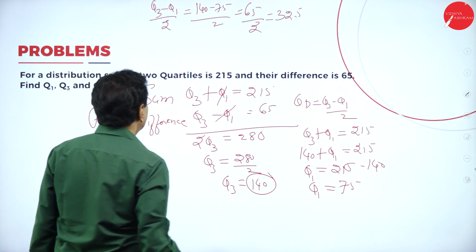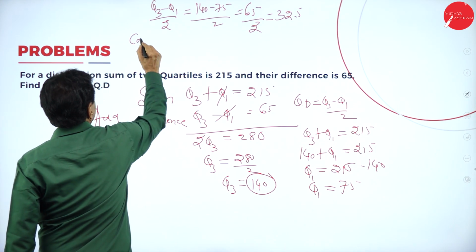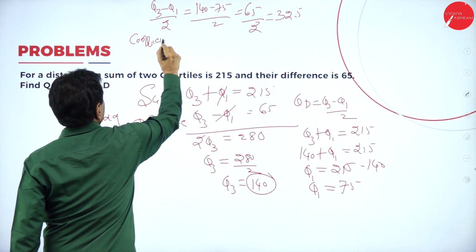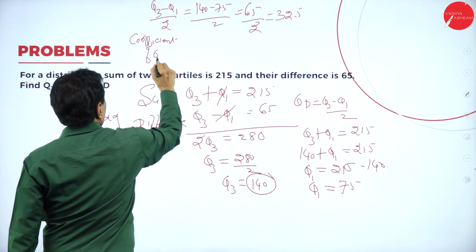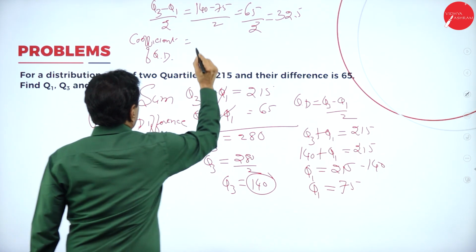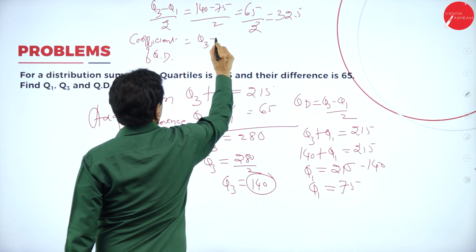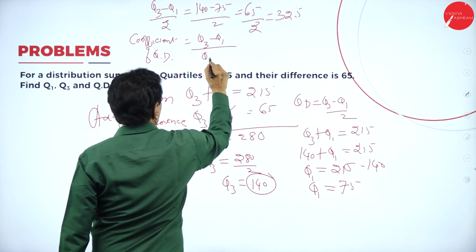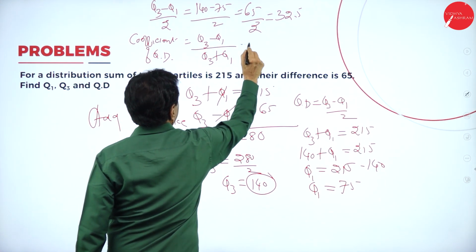By chance, if they ask for the coefficient of quartile deviation in the exam, it is Q3 minus Q1 divided by Q3 plus Q1.